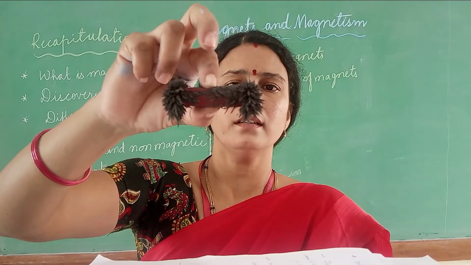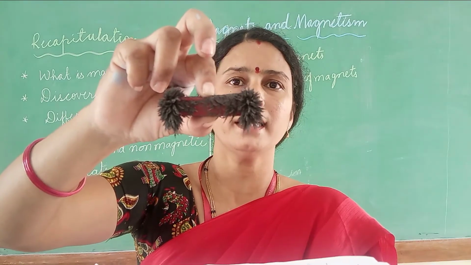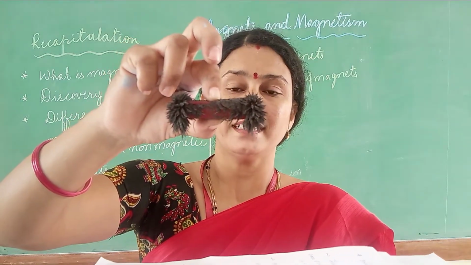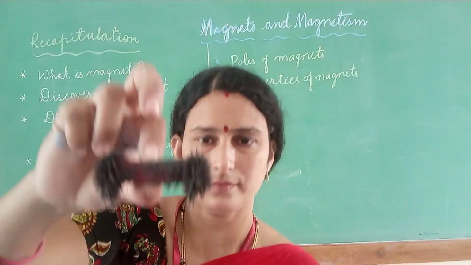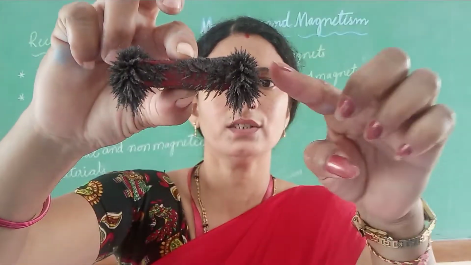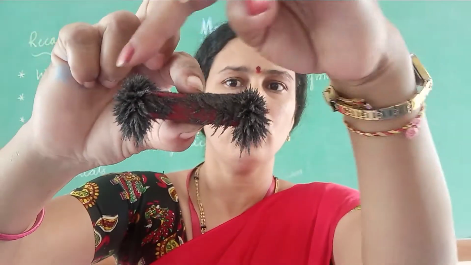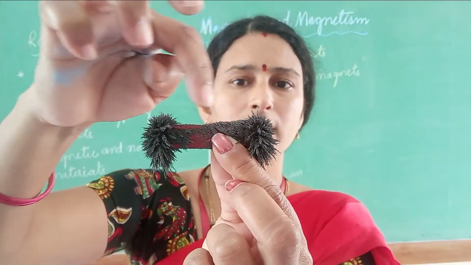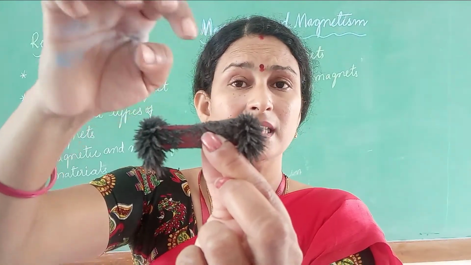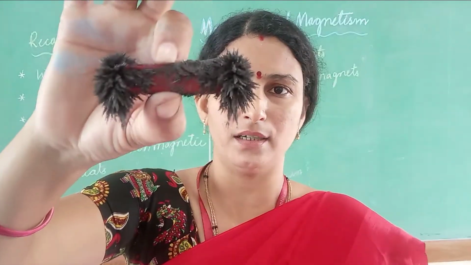On which part of the magnet did the iron filings get attracted more? At these two ends you can see more iron filings, and at the middle part also iron filings got attracted, but fewer in number.